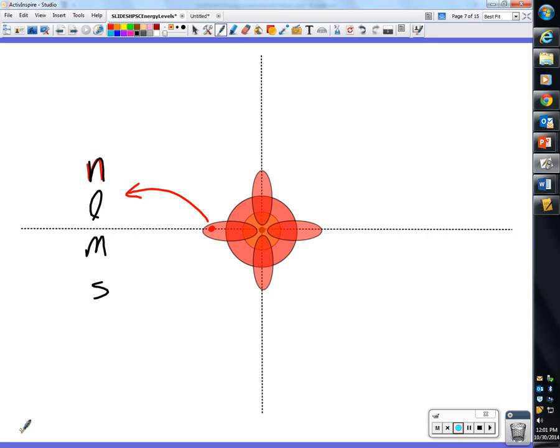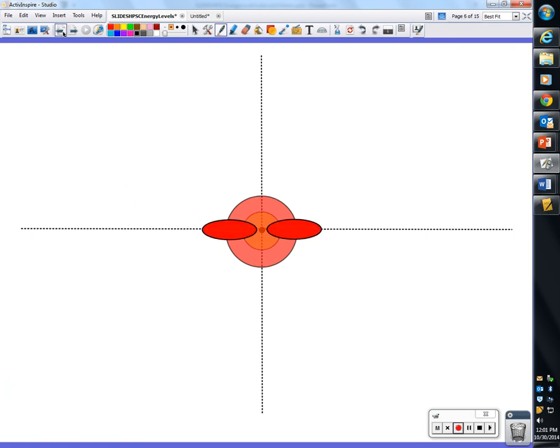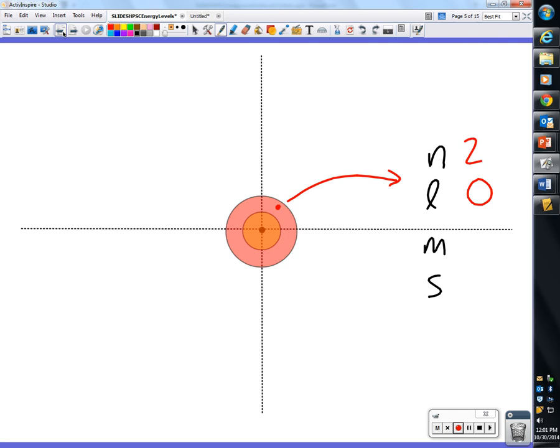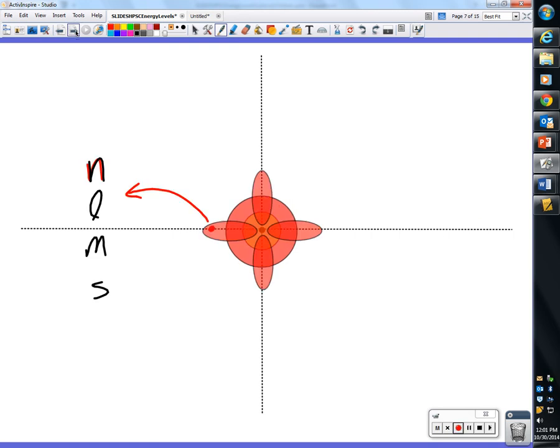What color is it? Red. We said every time we change color, that's a principal energy level, right? This electron and this electron are in the same principal energy level because they're both in red orbitals, right? So this one has an n value... what's the n value for this one going to be? 2.